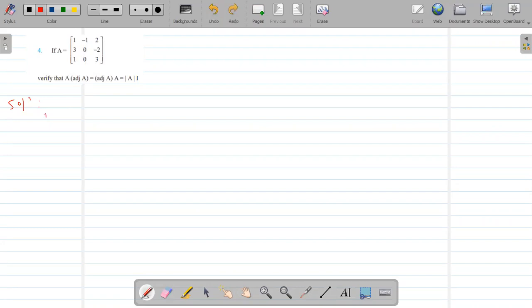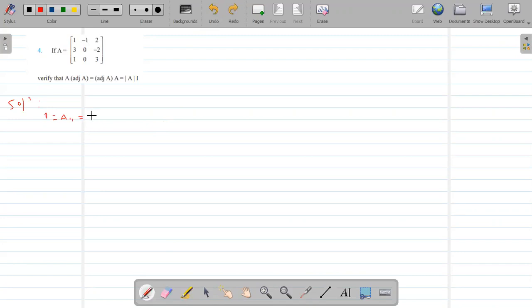So the first element will be number 1. What is the position of 1? 1's position is first row, first column, right? If I hide or put a highlighter on this first row, first column, the remaining part here is 0, 0, minus 2, 3.